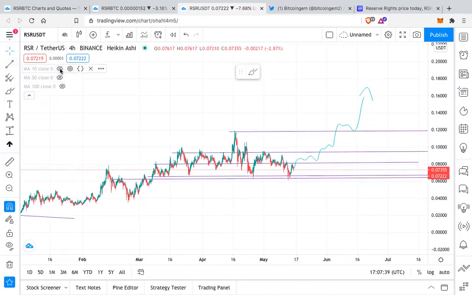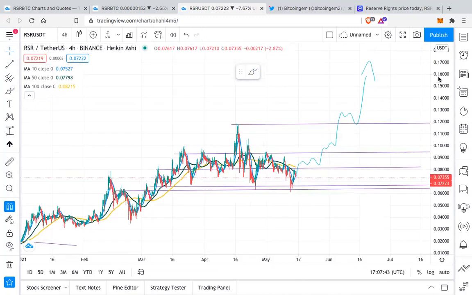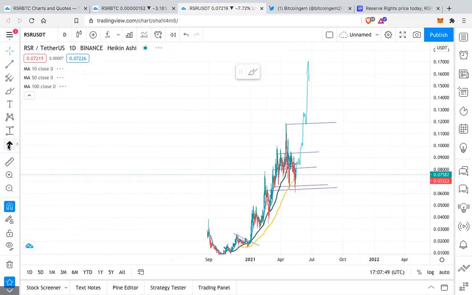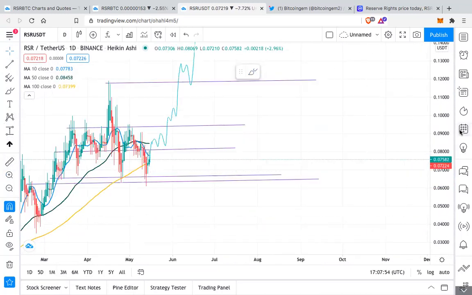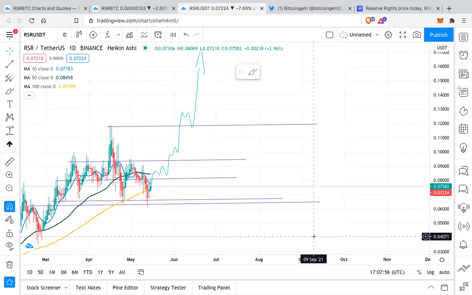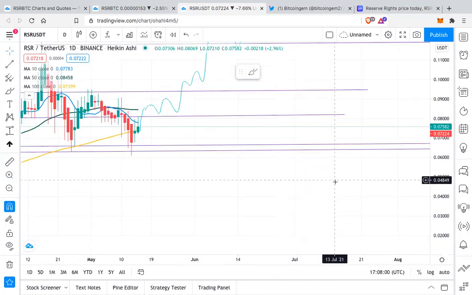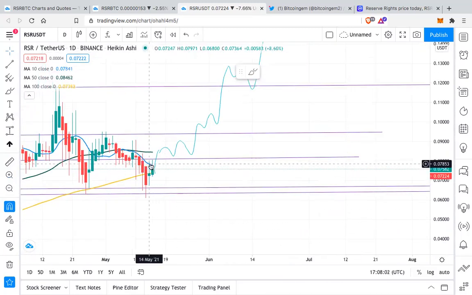Because now let's add the moving average. And if we look at the moving average, again, let's go to daily. Just look at this, it's getting resisted by the 10 moving average.